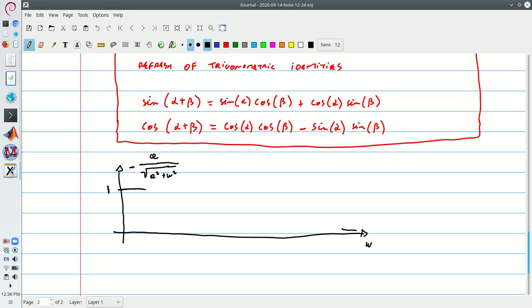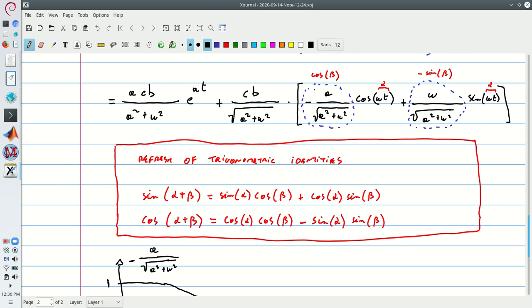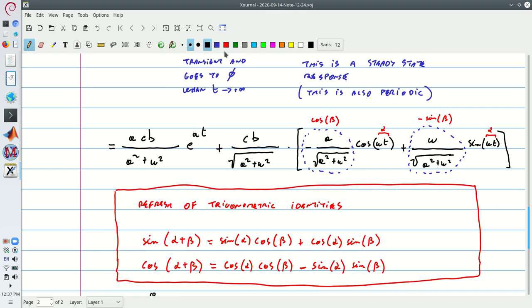So if I draw the function, and you can do the whole study of the function if you want, the behavior is going to be monotonic and something of this sort. So this is my cosine of beta, and actually I can give it a better name, because I'm going to call this cosine of phi.